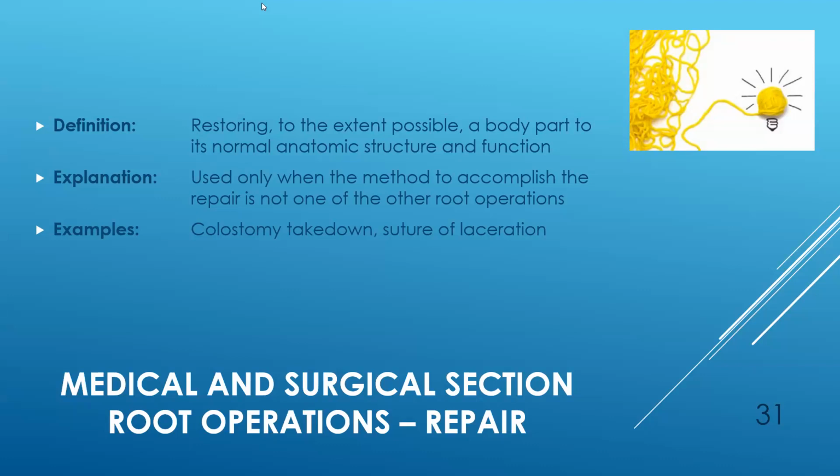They remove the device and close off the opening, or suture of a laceration. That's most commonly all suturing for lacerations. But when there's no clear, distinct description of how they repaired something, and you can't get your query answered, it's your go-to code for a lack of specificity, and it's used quite a lot.